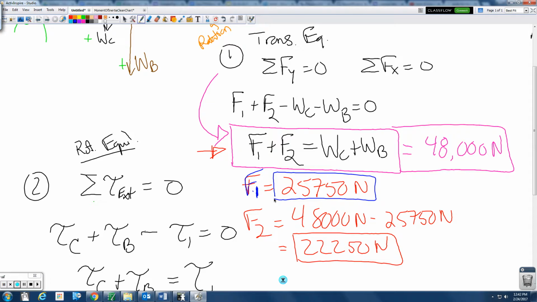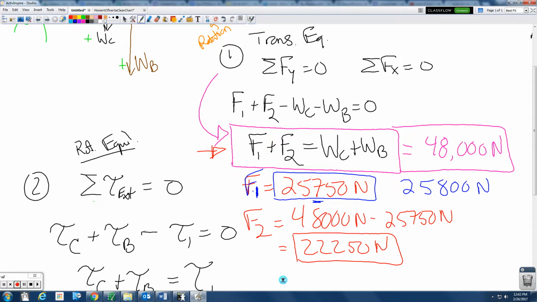Okay, and then we round. I don't remember how many significant digits. I think it's 3, right? So then the answers should be, I look at my third digit, so I have 25,8 and then if I round this, I'd have 22,300. But the sum of them has to be 48,000.